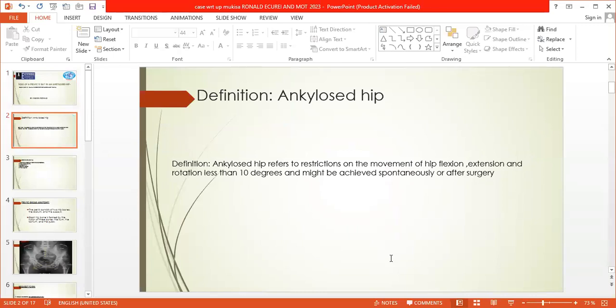An ankylosed hip may result from trauma, infections, inflammation, osteoarthritis, genetic factors, prior surgeries, and many other things which we can't complete in this short period of time. Ankylosed hip refers to restrictions on the movements of hip flexion, extension, and rotation to less than 10 degrees, and might be achieved spontaneously or after surgery.